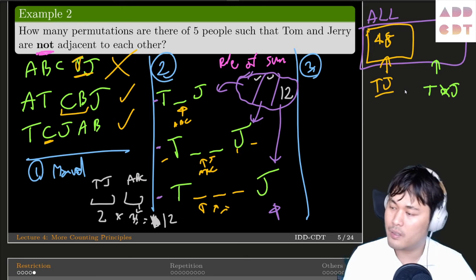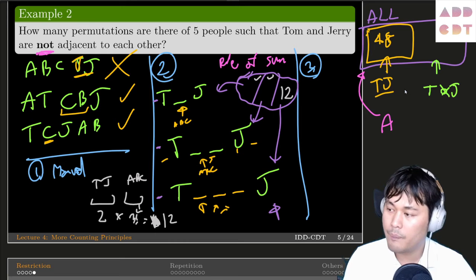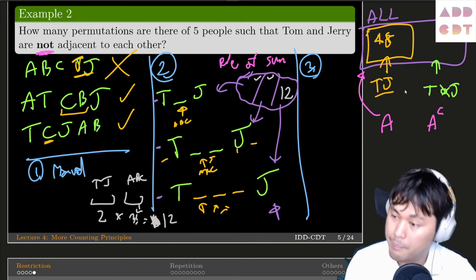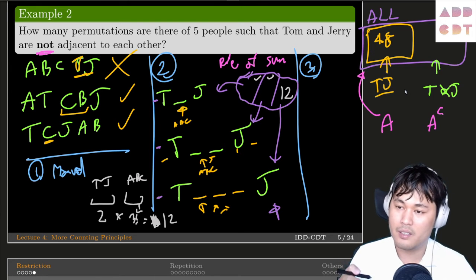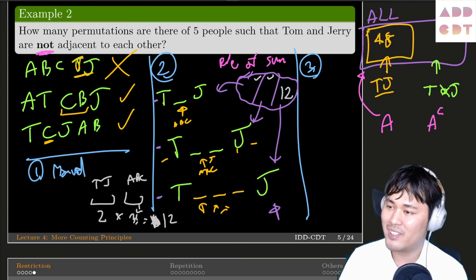In set notation, if you define this to be the set A, then this is the A complement. It is a complement by definition. If it's not adjacent, then it is not adjacent. That kind of tautology, right?